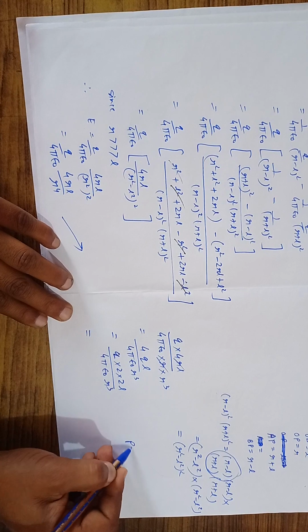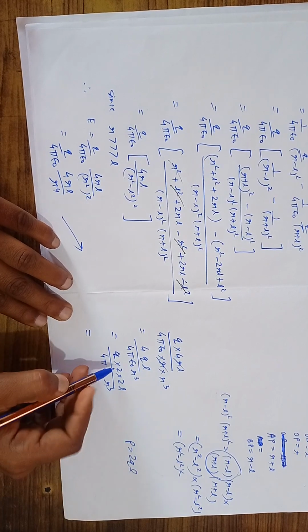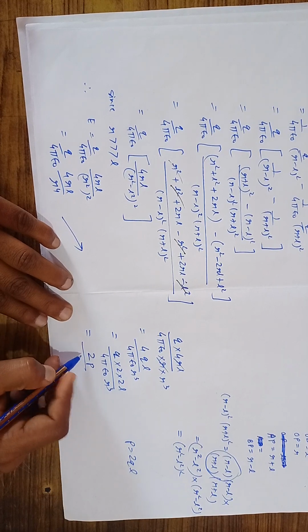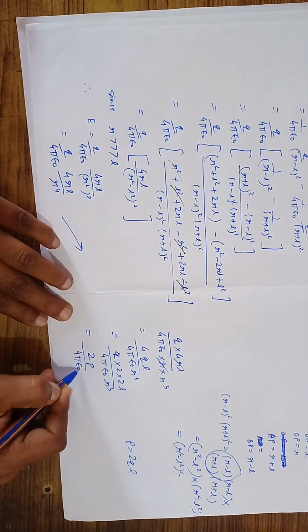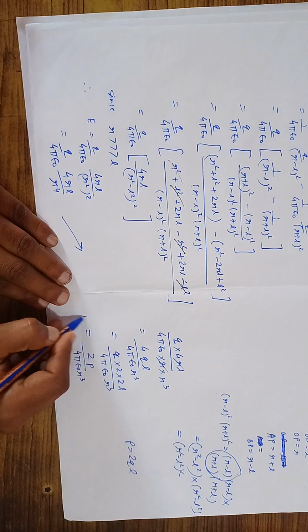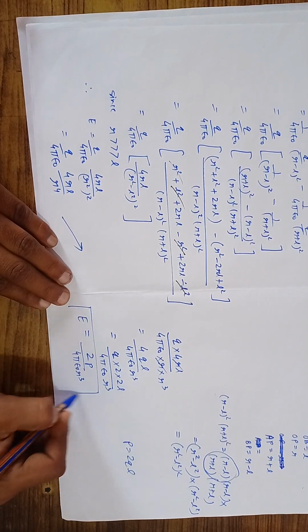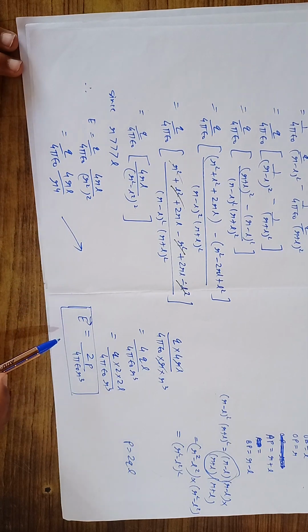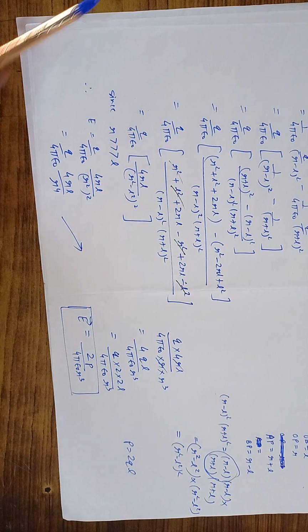But we know that p equal to 2ql. So it will become 2p by 4 pi epsilon naught r cube. This is the derivation of field intensity on the axial line of an electric dipole. Now in the next class we will discuss the field intensity on the equatorial line of an electric dipole. Okay, thanks.